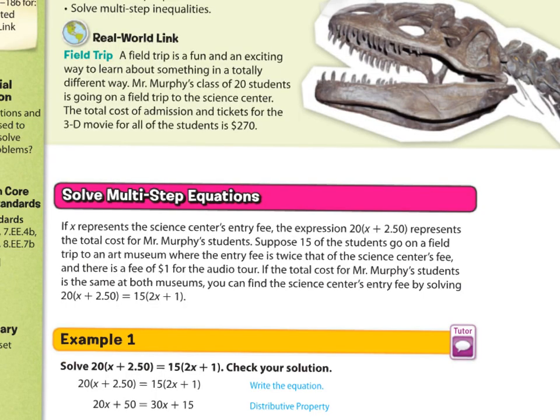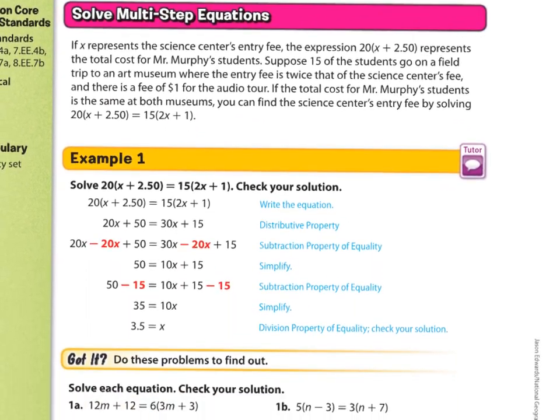Now, I was just wondering, and you might have been wondering the same thing, where did the 250 come from? I am assuming that it's the admission fee, and then the ticket is what we are trying to solve. The tickets is X, and the admission fee would be the 250. Okay, so now we have two equations.